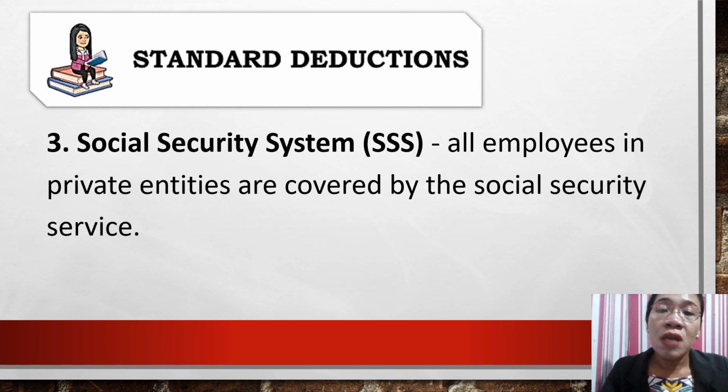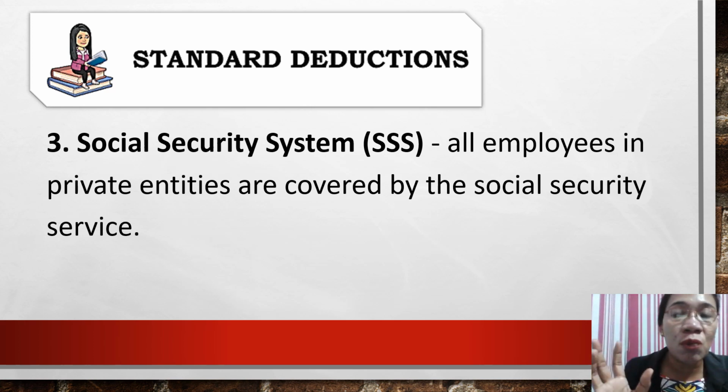So, ganun yun. So, the current SSS contribution rate is 12% of the monthly salary credit, not exceeding 20,000, and this is being shared by the employer, which is 8% from the employer and 4% for the employee. Kumbaga sa 12%, 8% yung amo ang magbabayad at yung 4% ikaw yung magbabayad, yung worker.